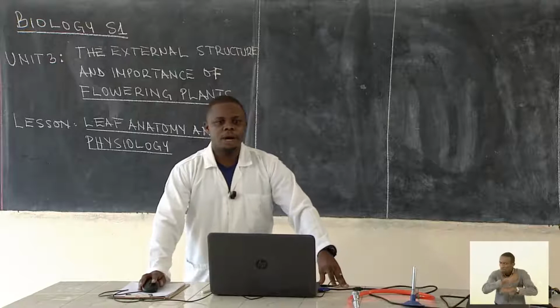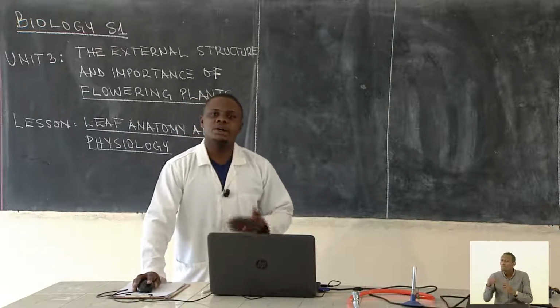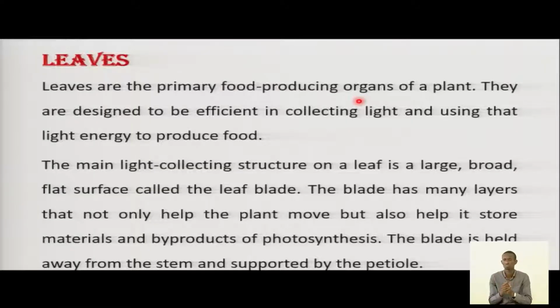Students, when we talk about leaves, we mean primary food-producing organs of the plant. That means leaves are very important in providing food for the plant. They are adapted for collecting light, which can be used as the source of energy to produce food. These leaves have a large, broad, and flat surface called the leaf blade.